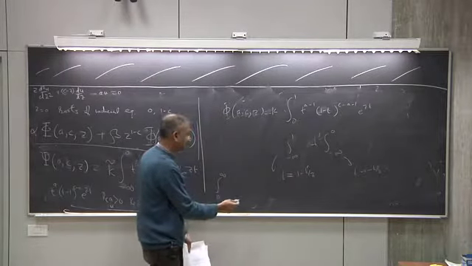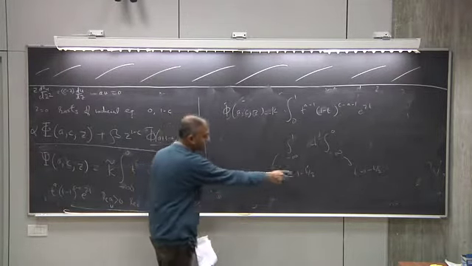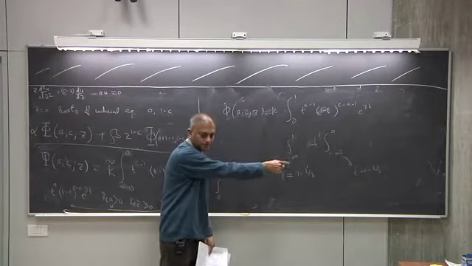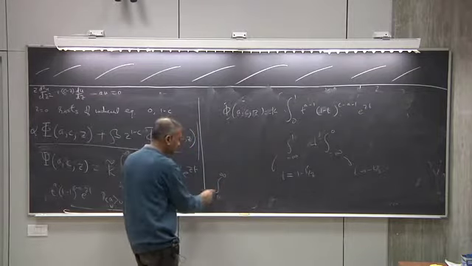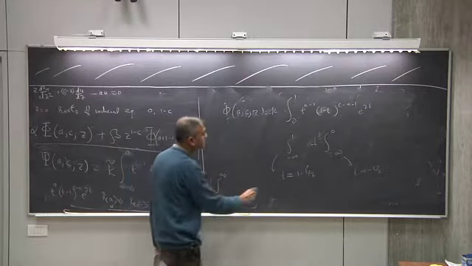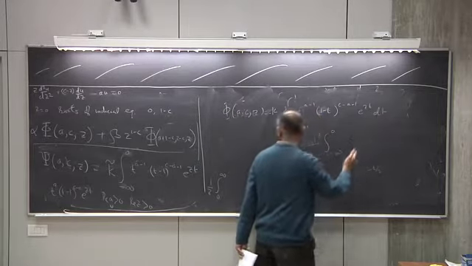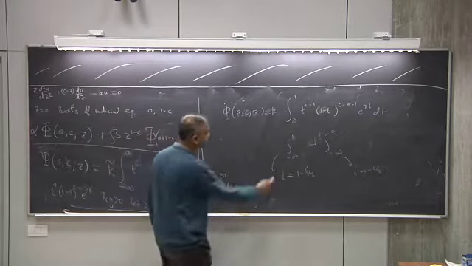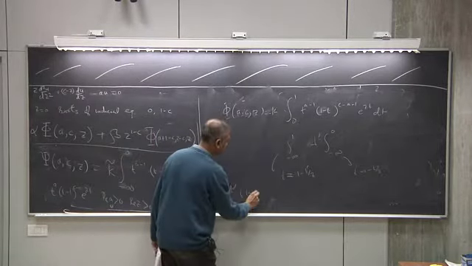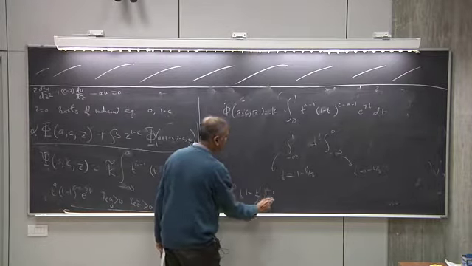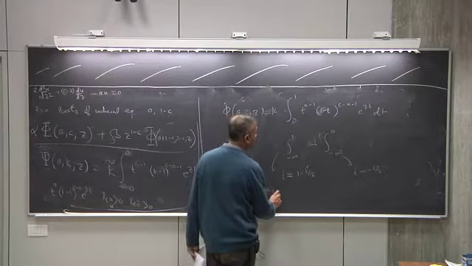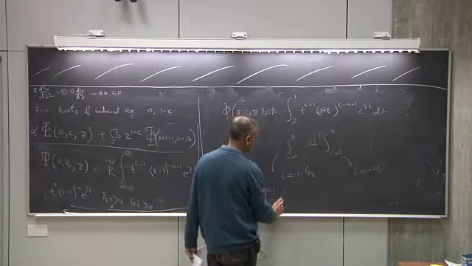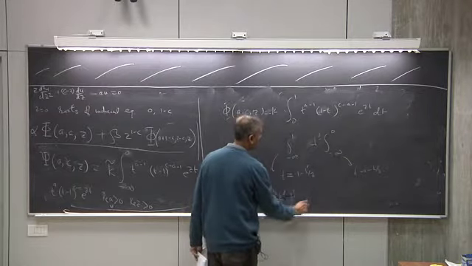Actually it is infinity to 0, but there is a minus in the measure, dt equal to minus dt prime over z. So that minus goes out, and there is a 1 over z coming from dt. Here you get 1 minus t prime over z to the a minus 1, and here you get 1 minus t, which is t prime over z, to the c minus a minus 1.